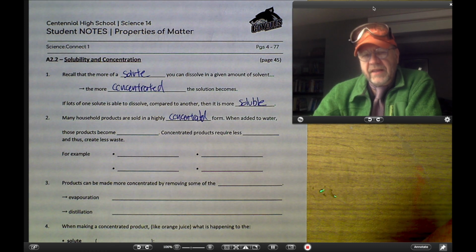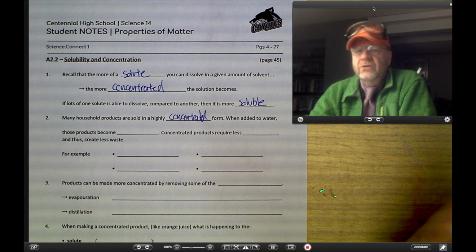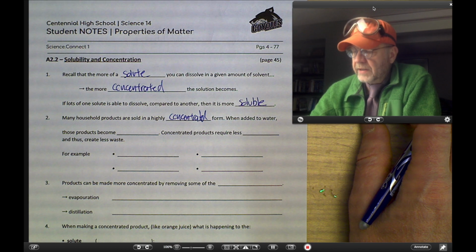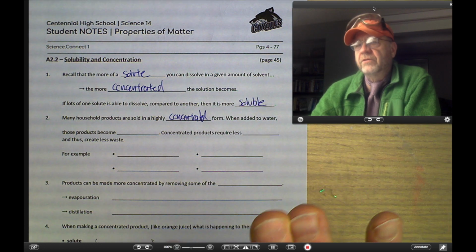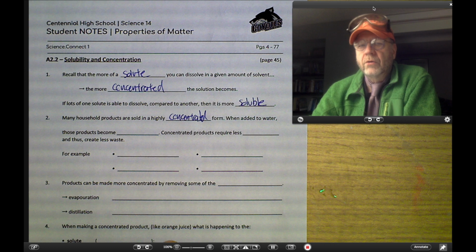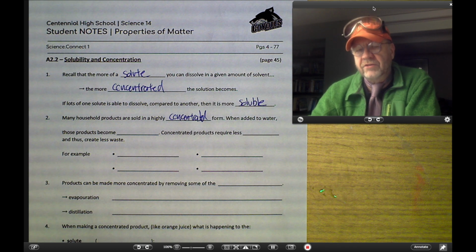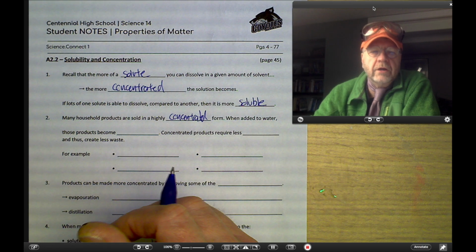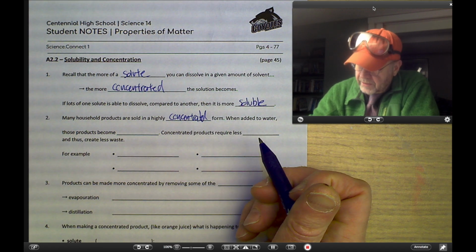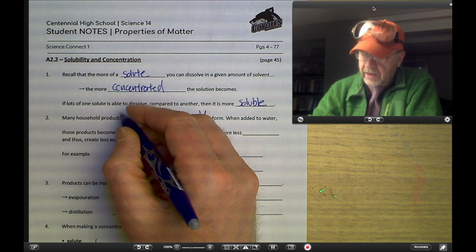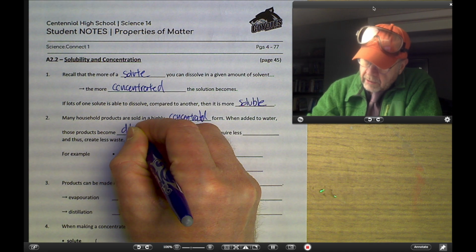Think of frozen orange juice. Who makes frozen orange juice anymore? I don't. I buy the fresh stuff, right? But if you take frozen orange juice or frozen limeade or frozen lemonade, the concentrate is very, very much more concentrated. You add water to it and you dilute it a little bit. So when you add water, the juice becomes more diluted.